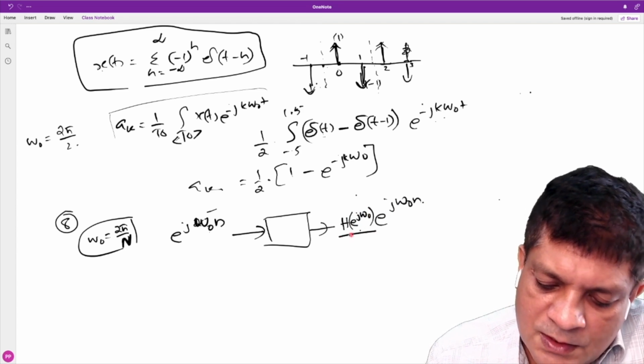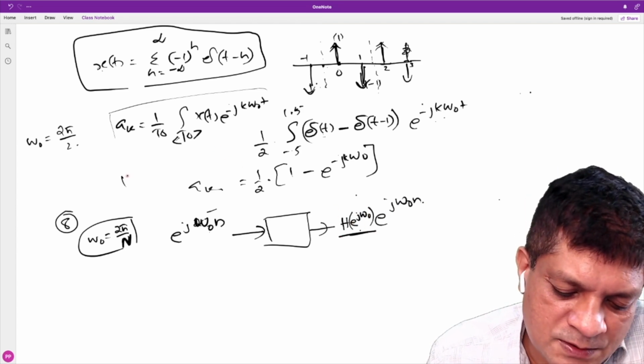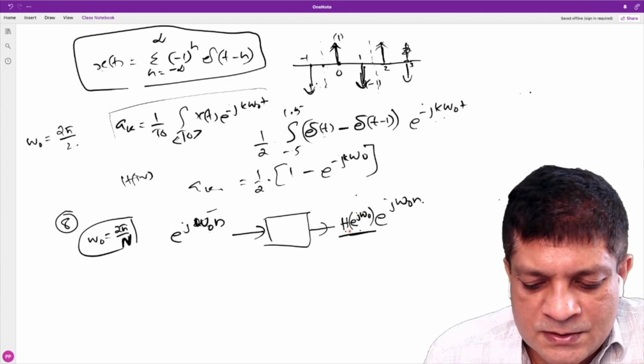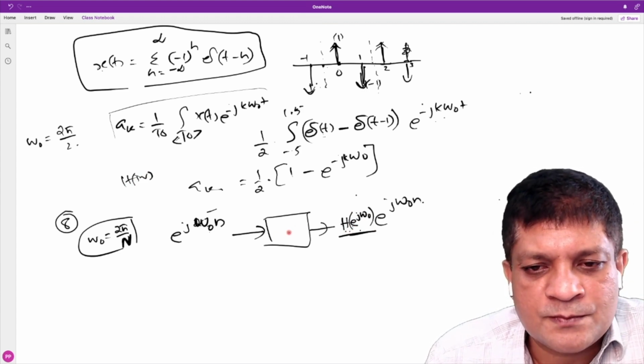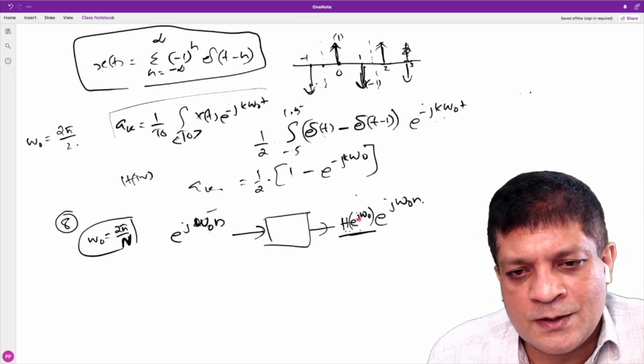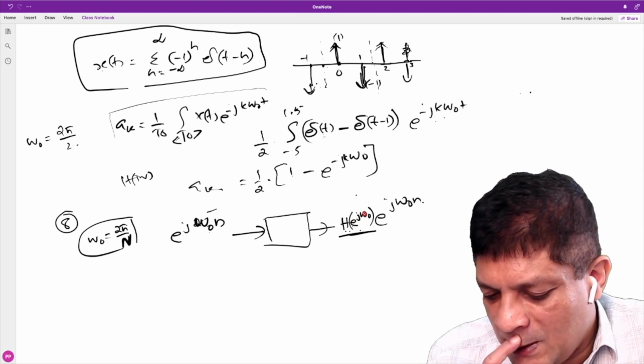In the case of continuous time systems, I have written it as j omega, but here I am writing it as e to the power j omega. We'll discuss that after the midterm. Why is it written as e to the power j omega?